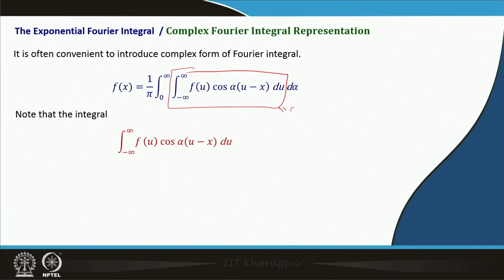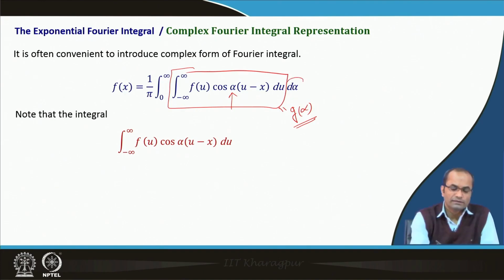Suppose this is g(alpha). We are treating it as a function of alpha, though we have u, which is anyway integrated, and x as well, because the outer integral is over alpha. So basically we have 1 over pi, the integral from 0 to infinity of g(alpha) d alpha.